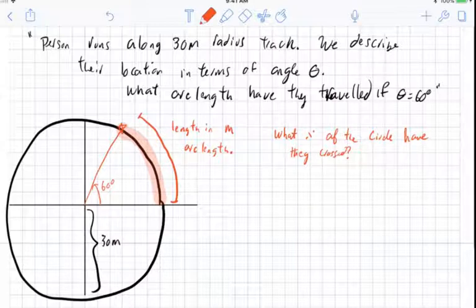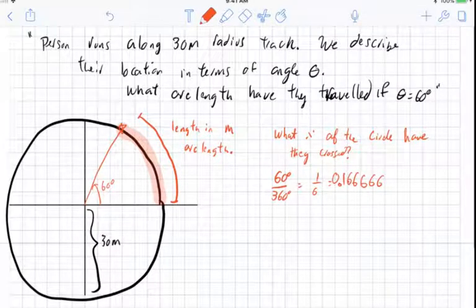Well, they've gone 60 degrees around a 360 degree circle. So they've gone 1/6 of the way around. 1 divided by 6. That's 0.166666. That's how far they've gone around the circle as a percentage.